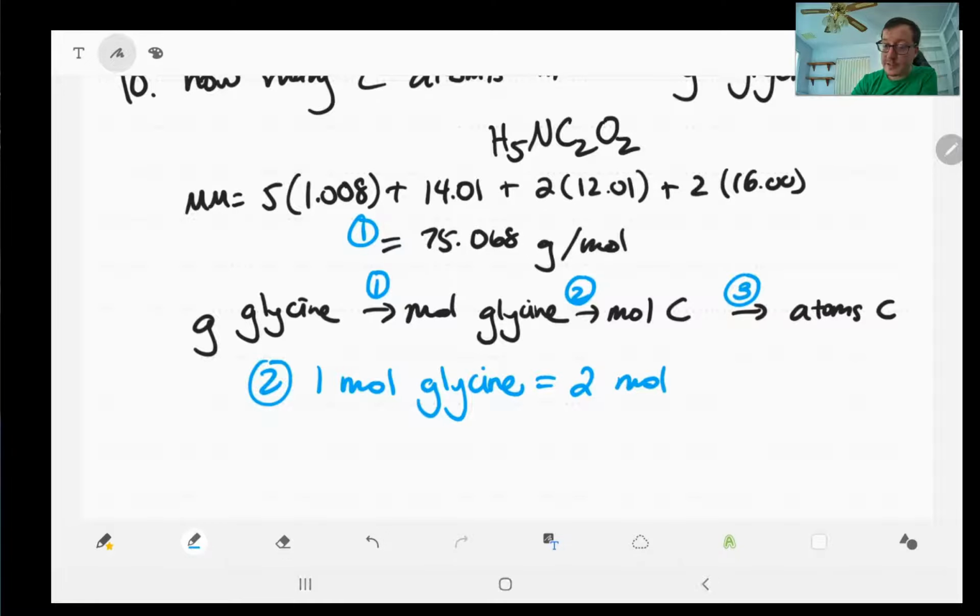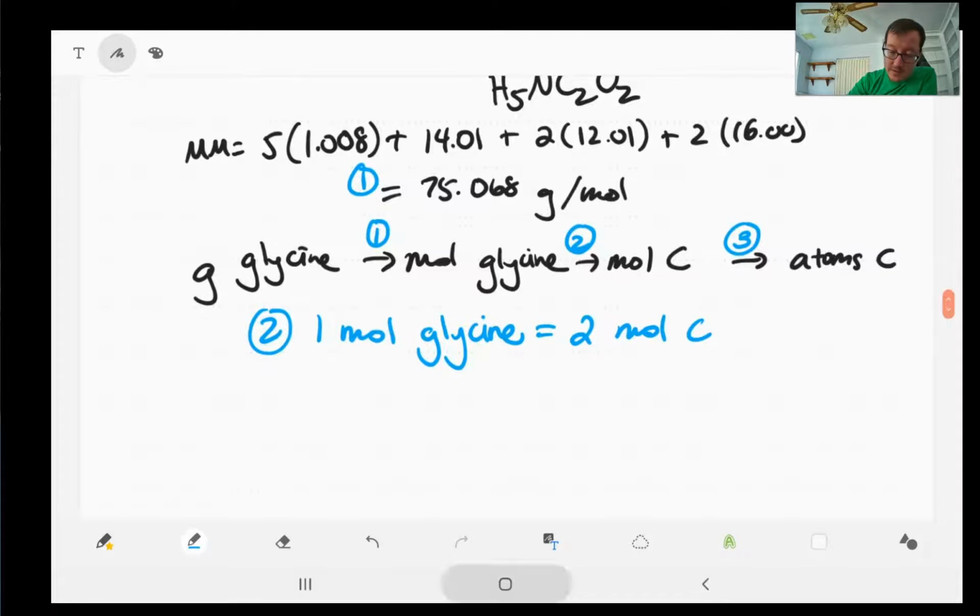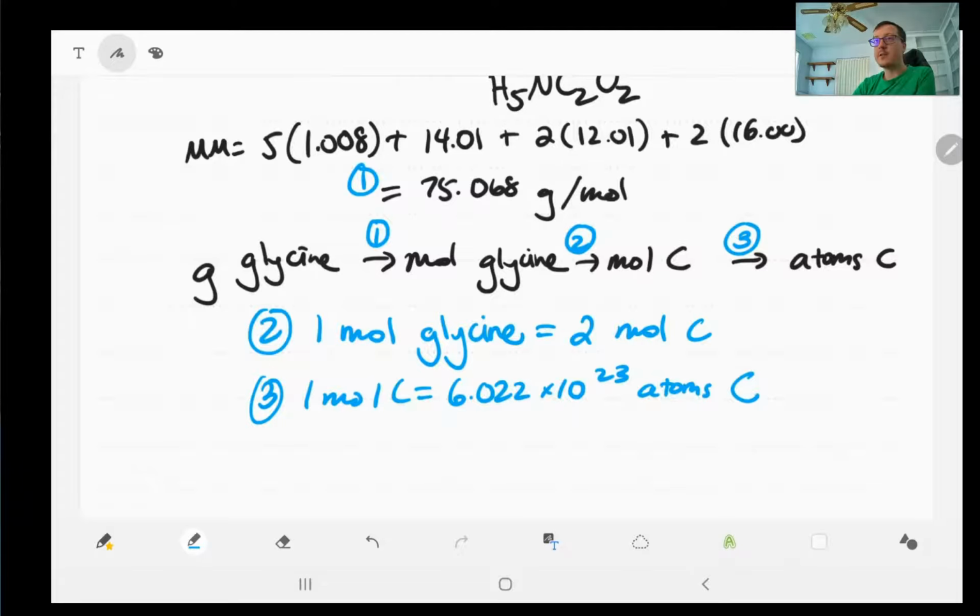So for every mole of glycine molecules, we have 2 moles of carbon atoms. And then the last one, from moles to atoms, that's just Avogadro's number. So our third one would just be 1 mole of carbon equals 6.022 times 10 to the 23rd atoms of carbon. And so that might just be the last bit there.